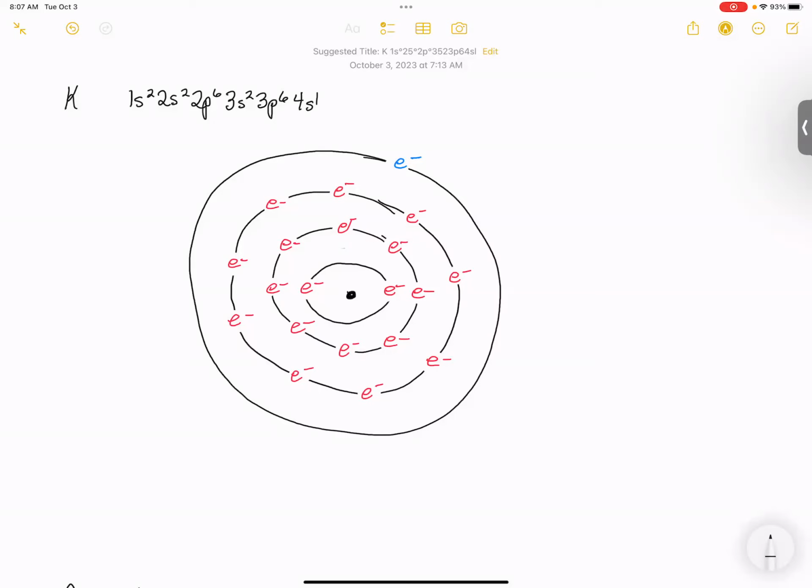And you'll notice that the electron I'm trying to find the Z effective for, I've highlighted in blue. All the other electrons that I will be using in the calculation, I've highlighted in red, so that you can differentiate between those that are part of the calculation and the one that I'm calculating.